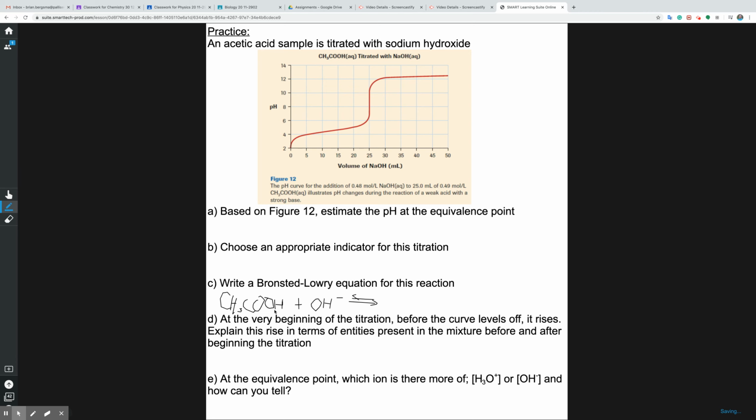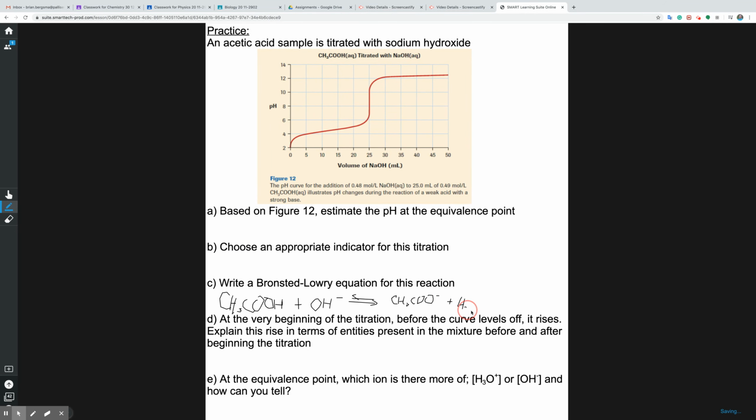This is going to give its H over to the hydroxide, so we're going to get acetate, CH3COO-, plus H2O. It doesn't look great, but that's the general Bronsted-Lowry equation for this reaction.